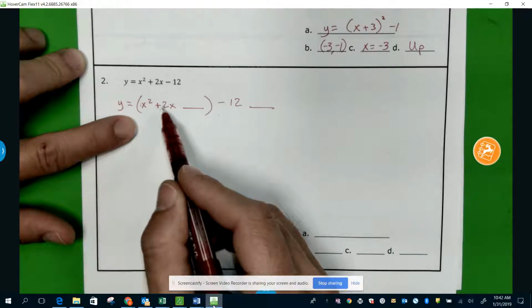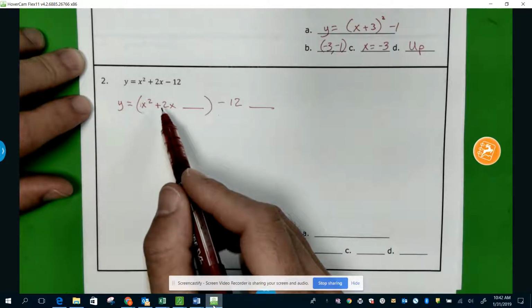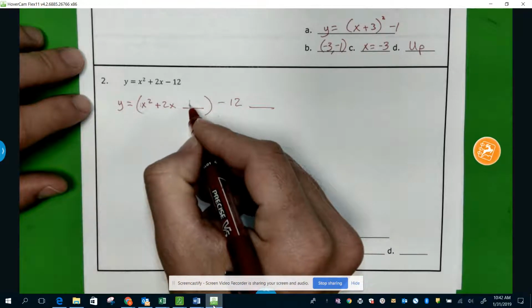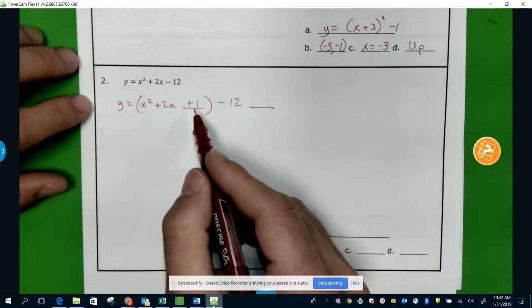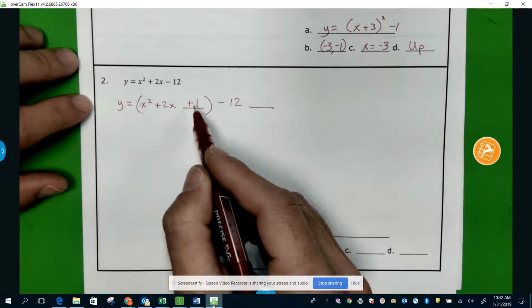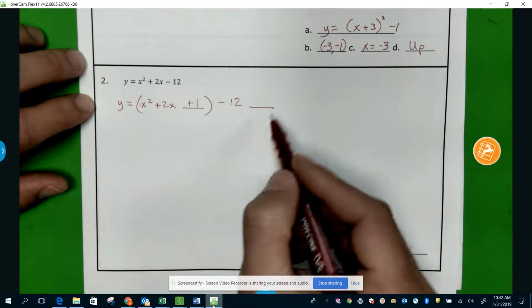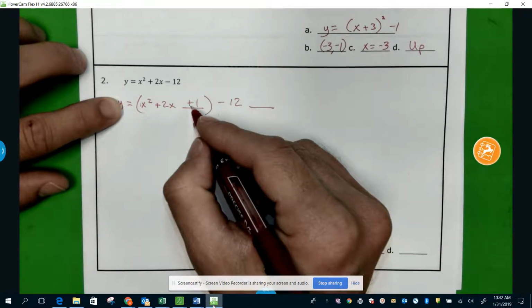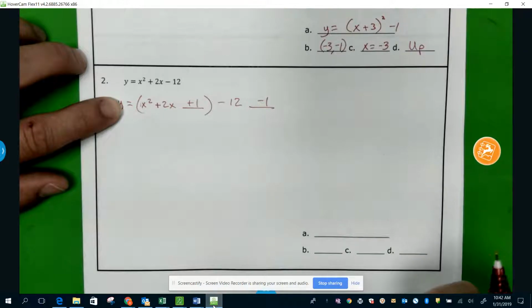Two steps. Half the middle number, so half of 2 is 1, but then we have to square that. 1 times 1 is still 1. Now since I put a plus 1 in this blank space, and the other blank space is on the same side of the equal sign, you've got to balance it out. So if that's a plus 1, then this one needs to be a negative 1.